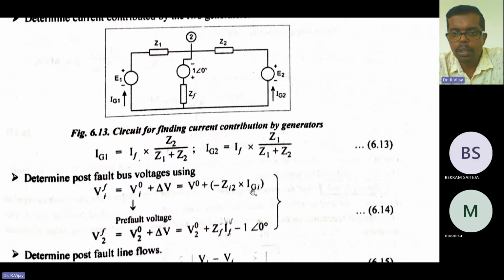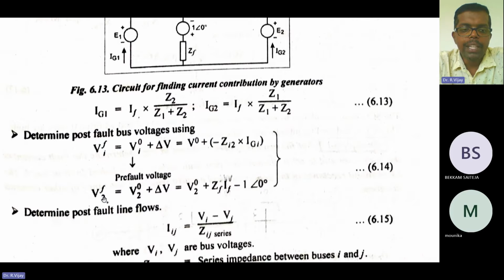So Z12 into Ig1. Why minus? Because the fault is happening in the opposite terminal, so we are taking this minus. So minus Z12 into Ig1.